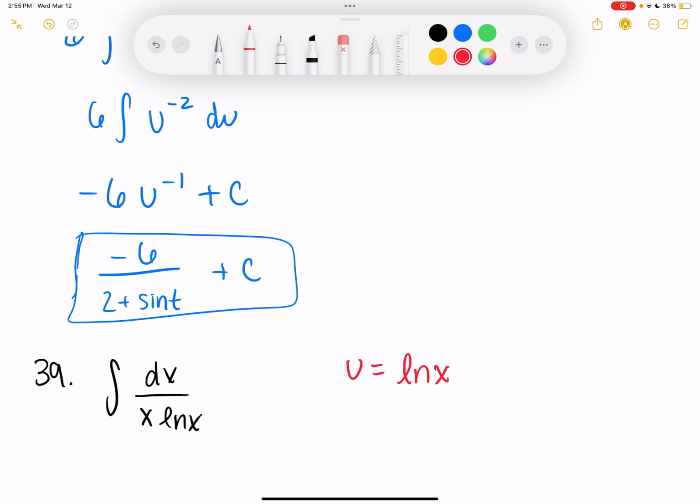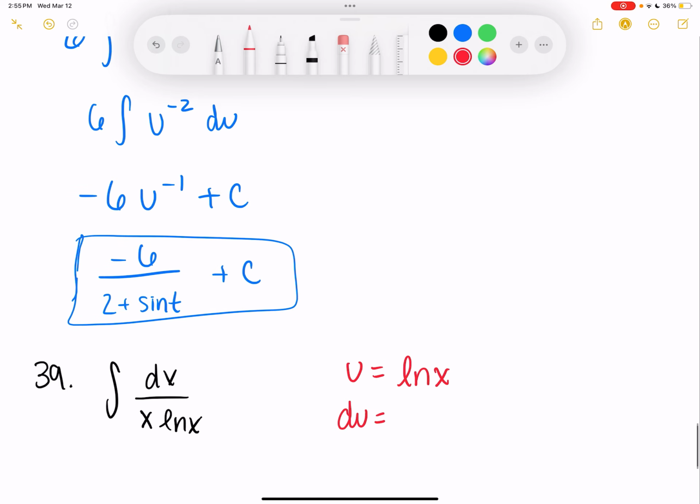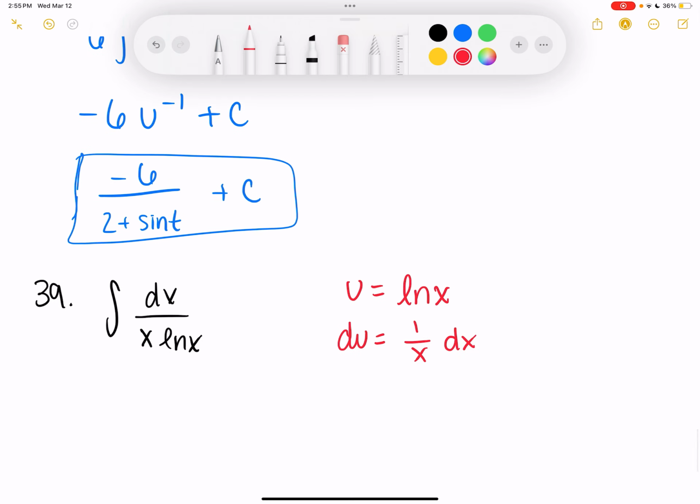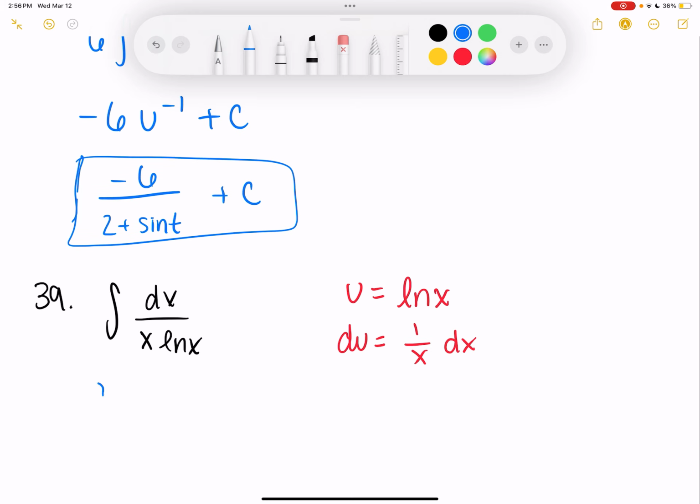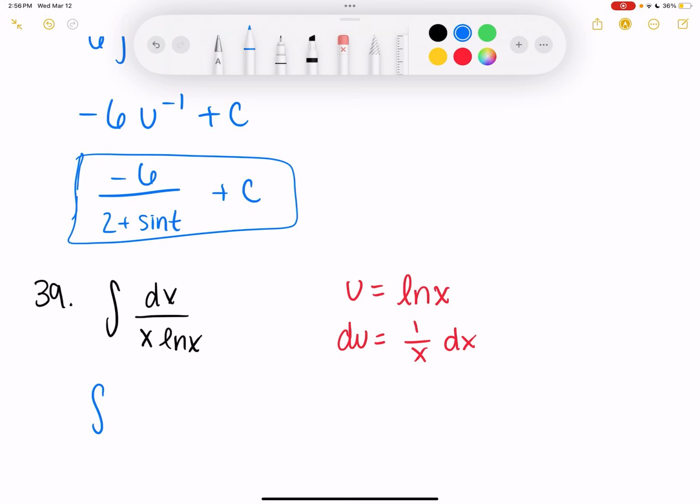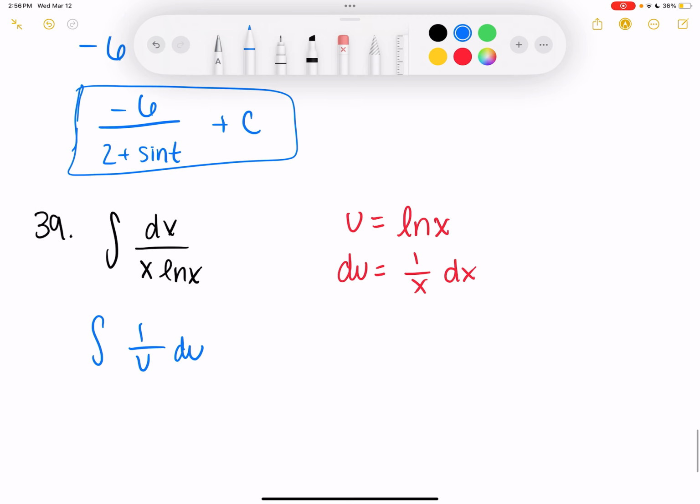And what's the derivative of ln of x? 1 over x. Nice and easy. So I've got over here the integral of 1 over u du. What's the antiderivative of 1 over u? ln of u plus c.